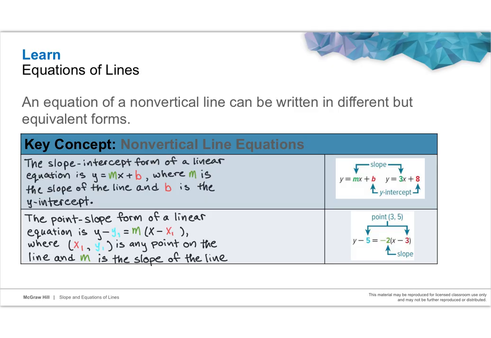In our point slope form, that is what you can read right off of the equation, a point's coordinates and the slope. And if you'll notice in the example that we have over here, we have y minus 5 equals -2 parentheses x minus x3. That value that's inside the parentheses with the x is my x coordinate of my point.